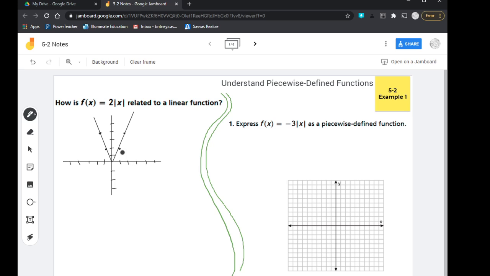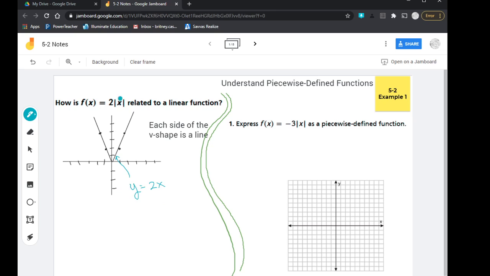Alright, now another thing worth noting here is that each side of that V shape is a line. Alright, so I'm going to add that in our notes here. Each side of the V shape is a line. Now here's what's cool about this. The right hand side, so the right hand part of the V right here, that is the same thing as y equals 2x.